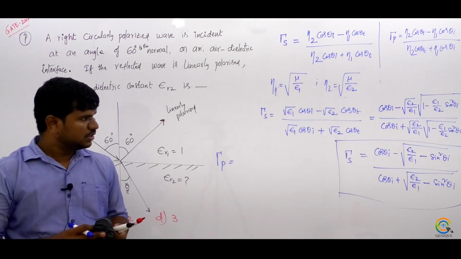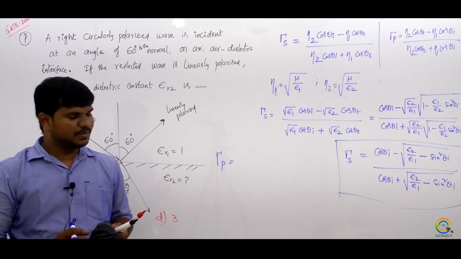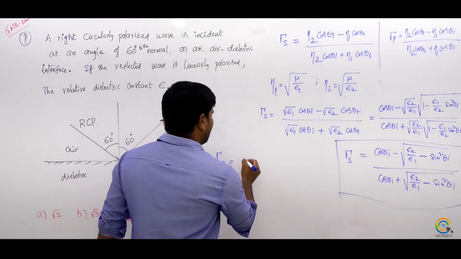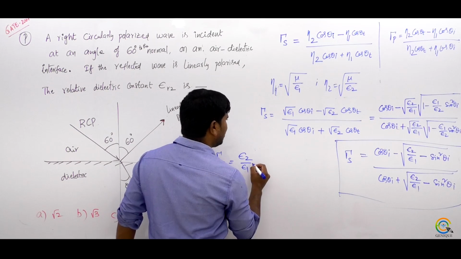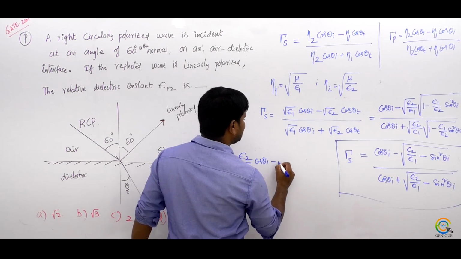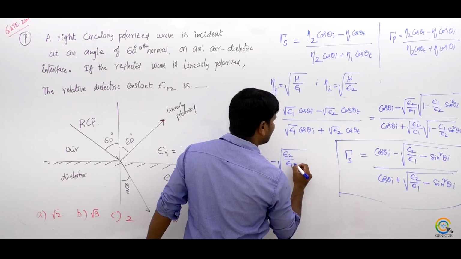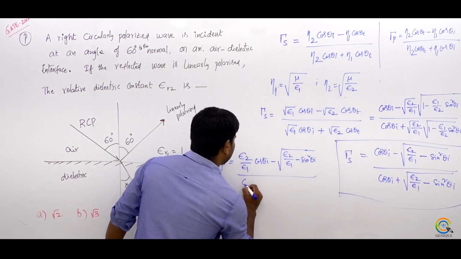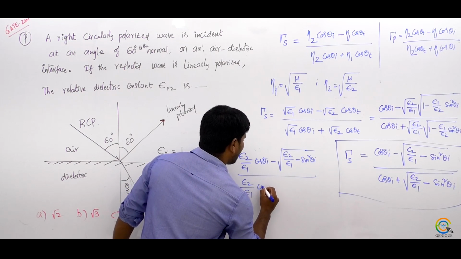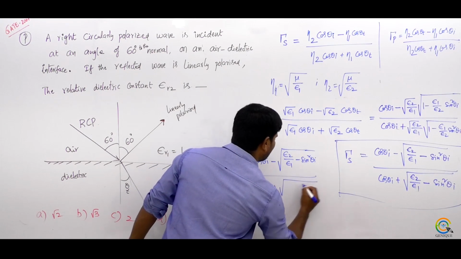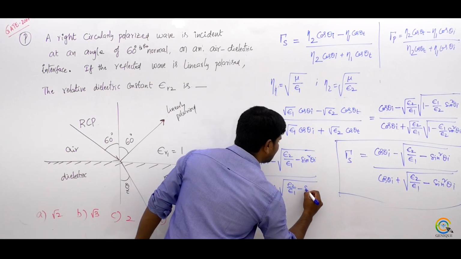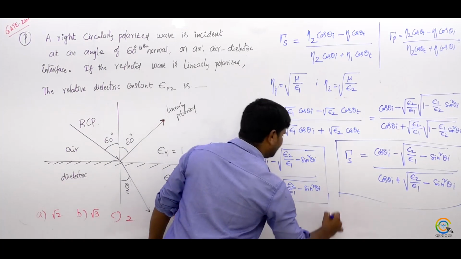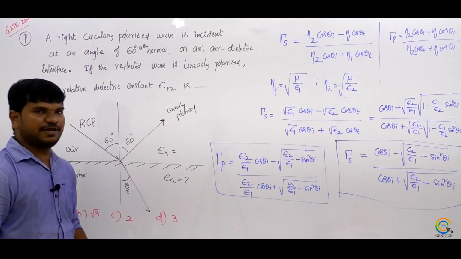Gamma S is correct: cos theta I minus root over epsilon 2 divided by epsilon 1 minus sin square theta I, over the corresponding sum. Now, what is gamma P? Gamma P can be written as epsilon 2 divided by epsilon 1 cos theta I minus root over epsilon 2 by epsilon 1 minus sin square theta I, divided by epsilon 2 divided by epsilon 1 cos theta I plus root over epsilon 2 by epsilon 1 minus sin square theta I. So this is the expression for the p polarized wave.